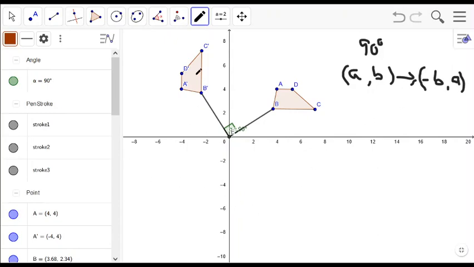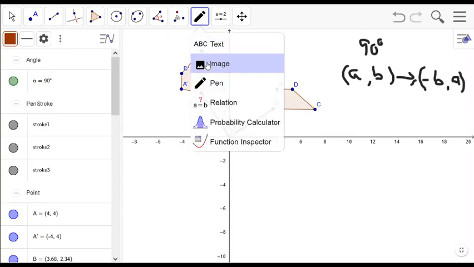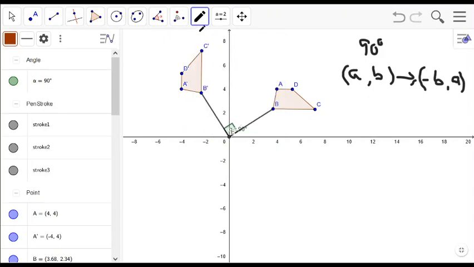Now let's go on and let me unselect this.